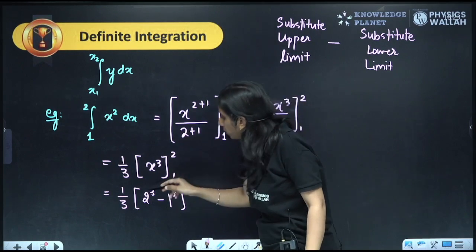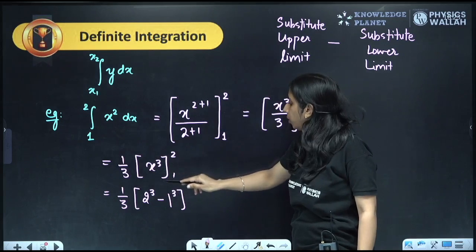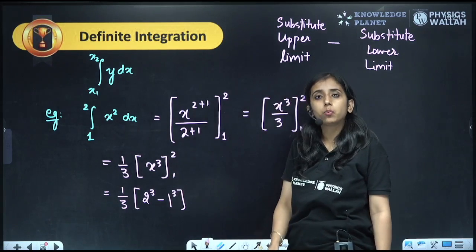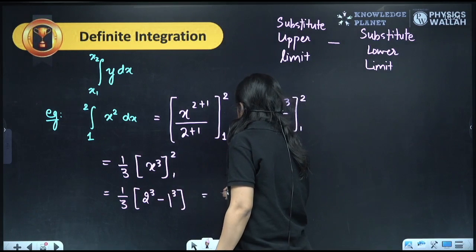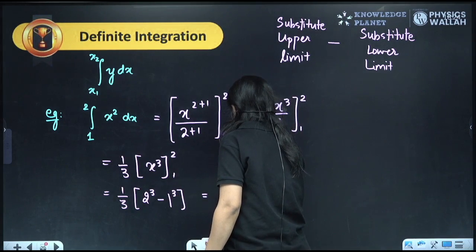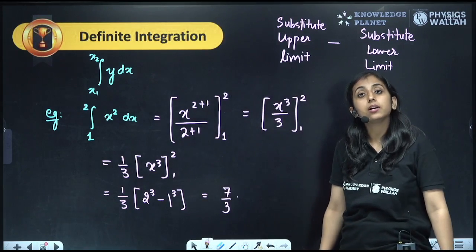So write 2 in place of x, it will become 2 cube, put a minus sign, then write 1 in place of x. So this will become 8 minus 1, that is 7 by 3. 7 by 3 will be our answer.